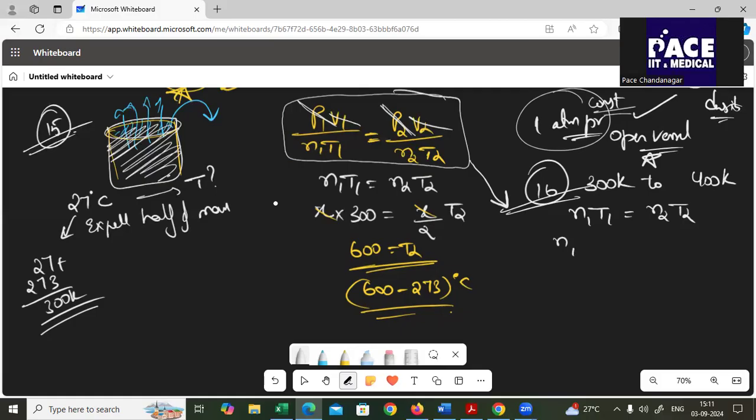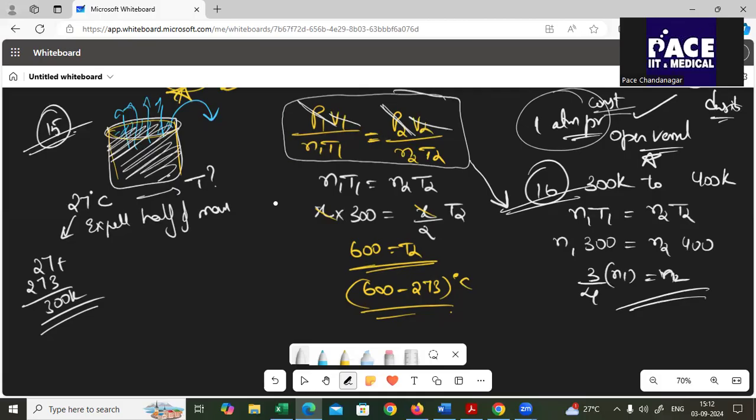So N1 with T1 as 300 Kelvin is equal to N2 times 400 Kelvin. So 3 by 4 times N1 is equal to my N2. So N2 is only 3/4 of N1 left, which means 1/4 of it is being expelled out. How much of it is expelled out is the question.